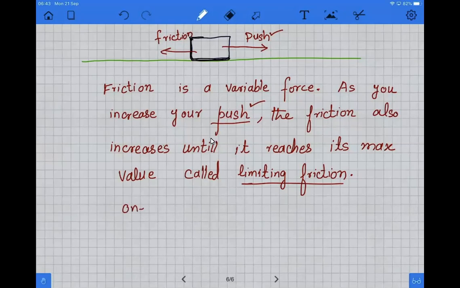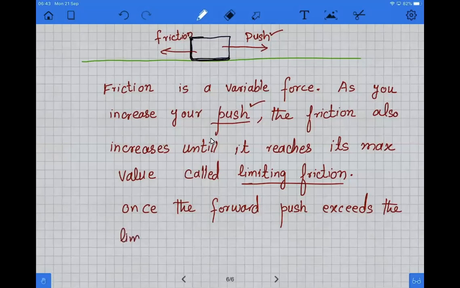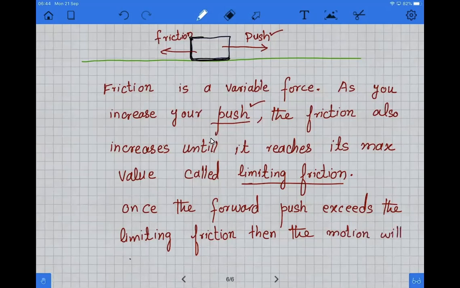So once the forward push exceeds the limiting friction, then the motion will start.